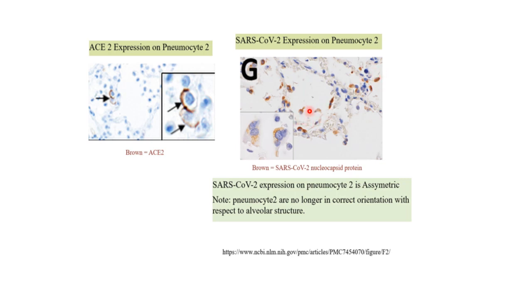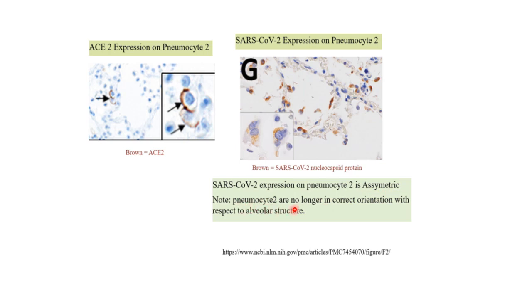Here's another cell. SARS-CoV-2 is present on this side of the cell, but not on this side. And if you look at this multinuclear giant cell again, SARS-CoV-2 is present on this side of the cell. SARS-CoV-2 expression on Pneumocyte2 is asymmetric.